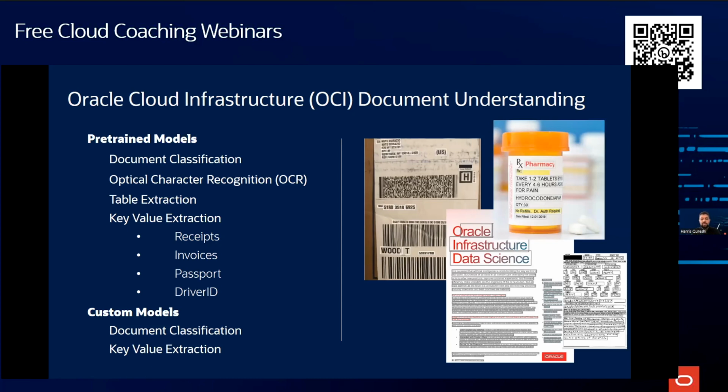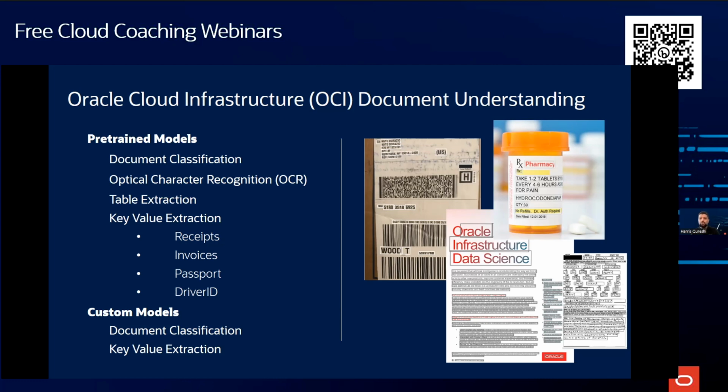In this one, we have quite a few. It can allow you to classify a document. So you might have a use case where you are receiving a number of documents and you need to pass them to different departments. Document classification can help you identify whether this is a bank statement, an invoice, a CV, and so on.